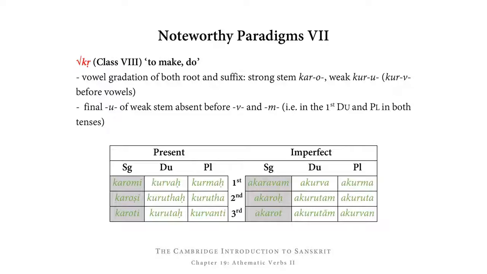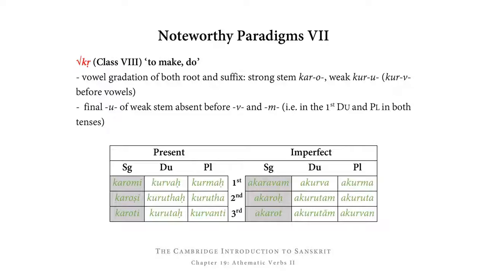In the imperfect, we have the strong stem karo throughout the singular, but given that the first singular ending begins with a vowel, so the ending is am, we have not karo, but the pre-vocalic form, namely karav, so we have akaravam, akaroh, akarot.